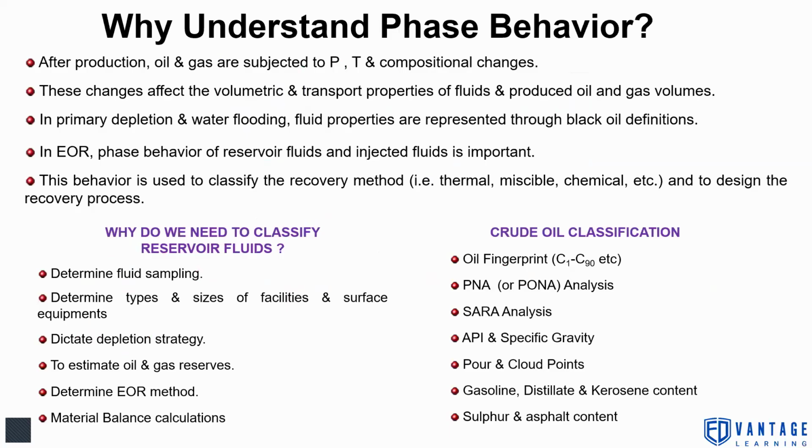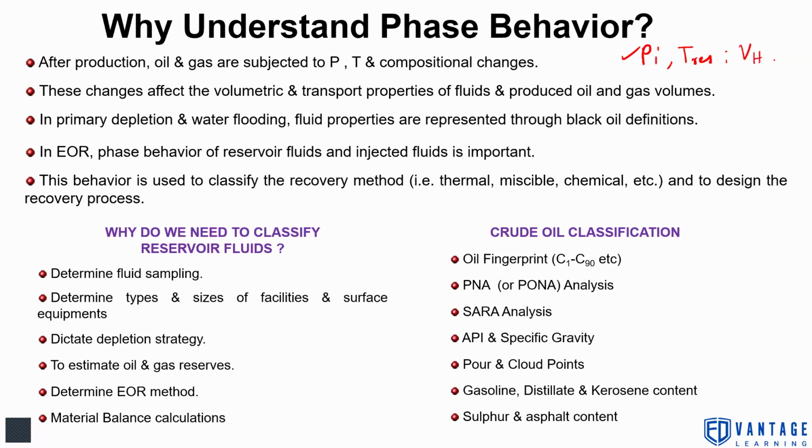So first things first, why should we understand phase behavior? Whenever we discover a field and we think of producing from that field, we need to understand the initial reservoir pressure, Pi, and reservoir temperature, T reservoir. After knowing this and doing some studies from seismic to simulation, we will understand the volume of hydrocarbon in the reservoir.